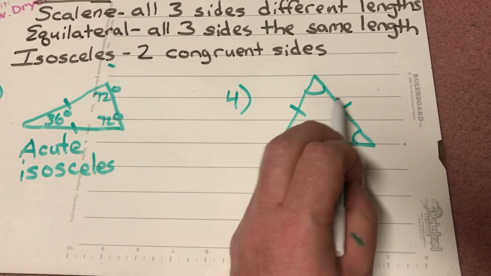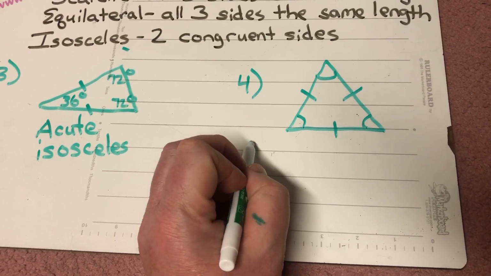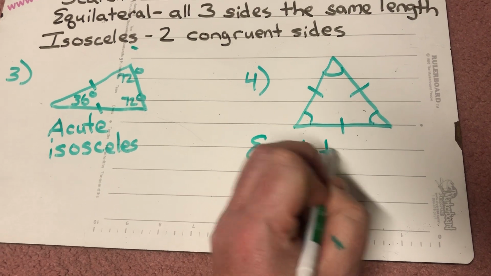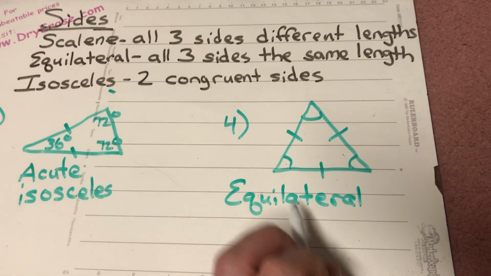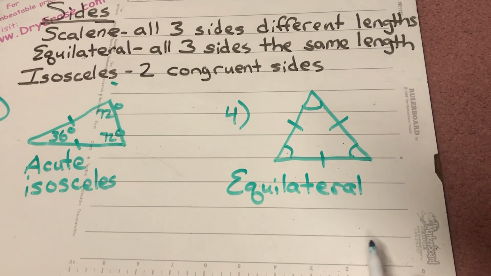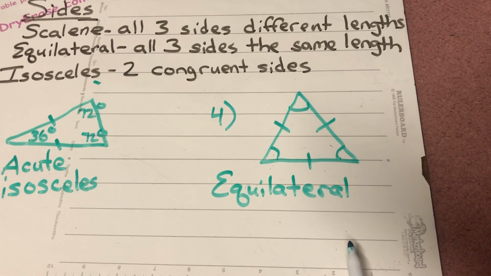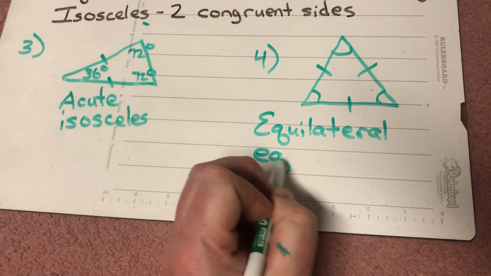The fact that all three sides are the same tells us for sure that by sides, it's got to be equilateral, because an equilateral triangle has all three sides the same. If all three angles are the same, that means it's equiangular, so I need to include equiangular on my list.